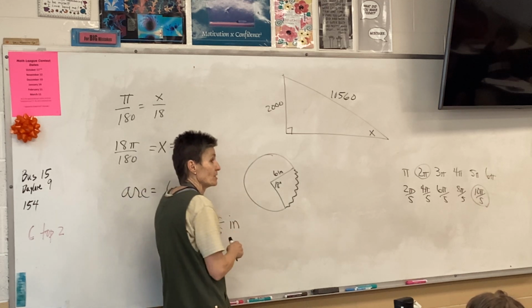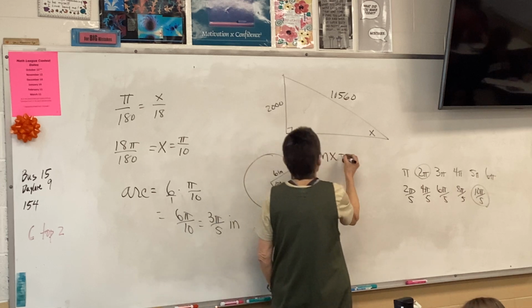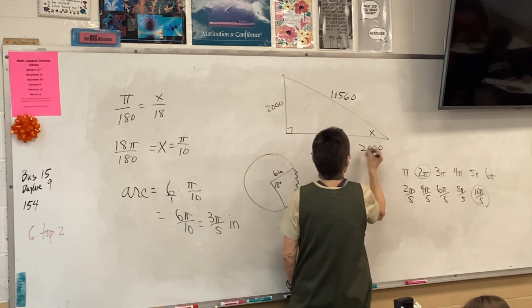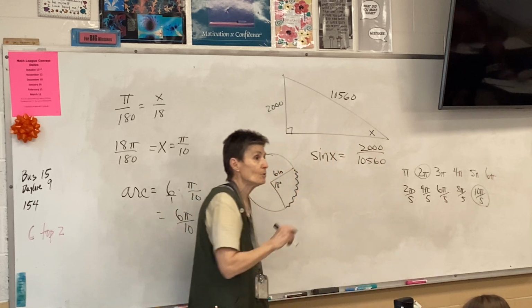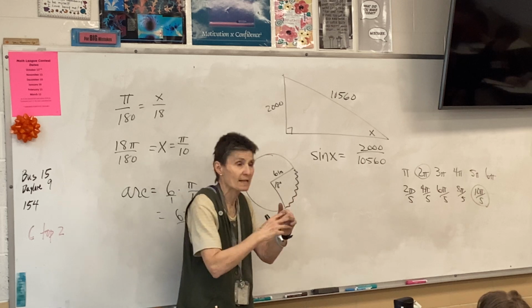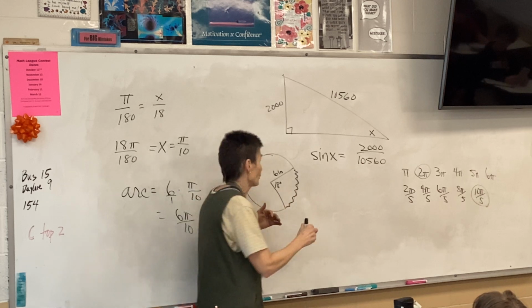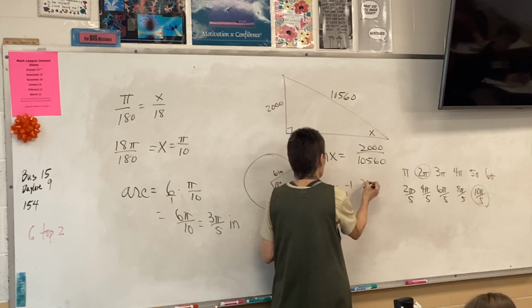All right, let's go ahead and finish this. Sine x equals 2,000 over 10,560. How do I type that in? Do not waste time reducing that fraction. You're going to type inverse sine of that number.